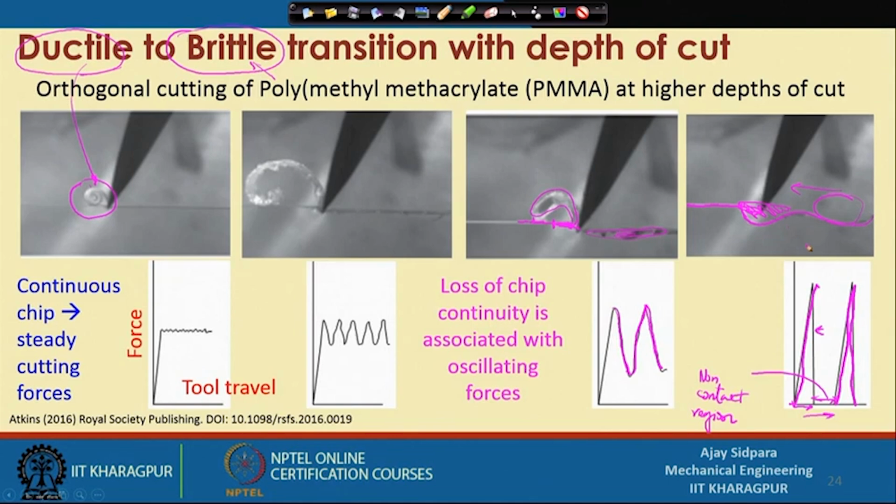The important thing is that when you are cutting a brittle material with a very small depth of cut, you are able to remove the material in ductile mode and easily get a chip. If your depth of cut is very large, two things happen.